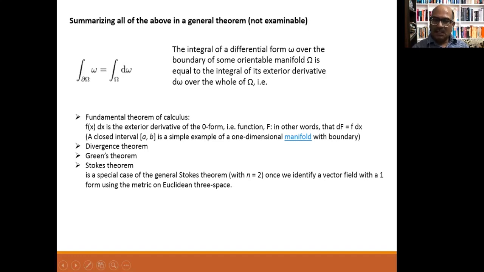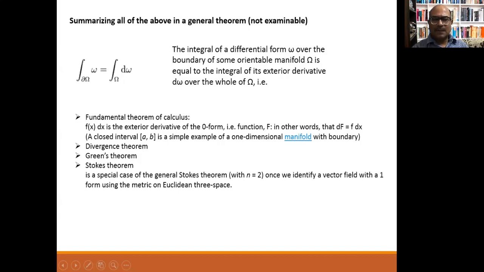So again, the integral of a differential form over the boundary of some orientable manifold is equal to the integral of its exterior derivative over the whole manifold. We can write this as the integral of omega over the boundary of the manifold equals the integral of d omega over the entire manifold.